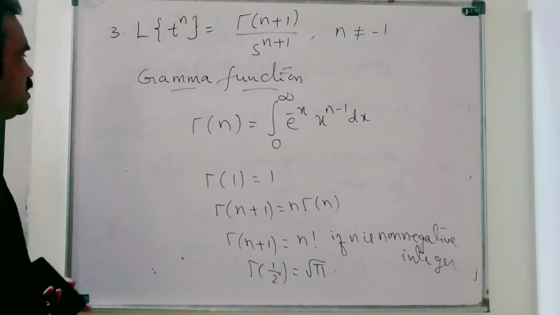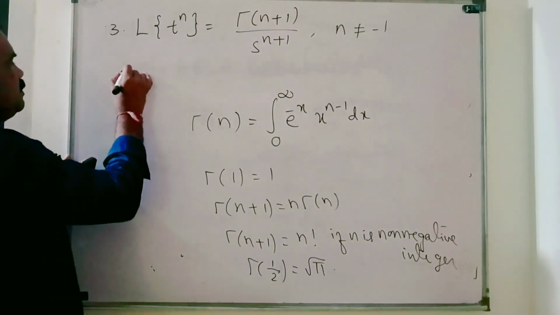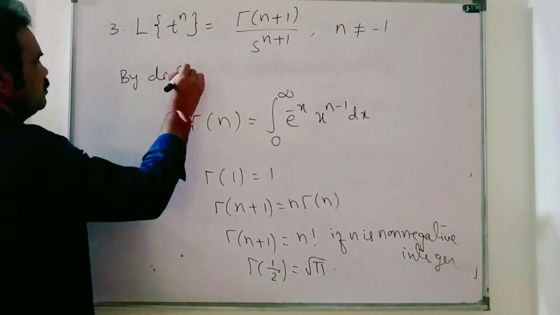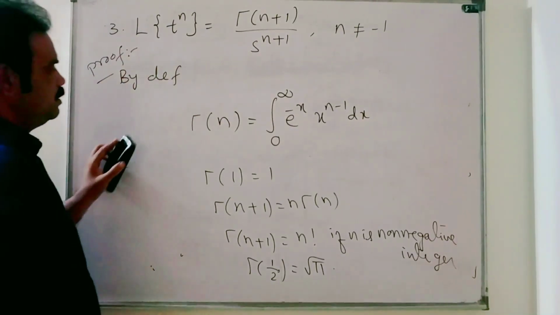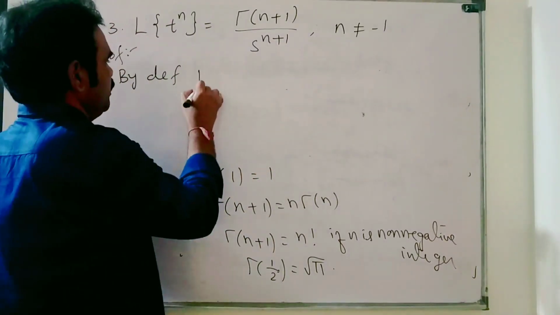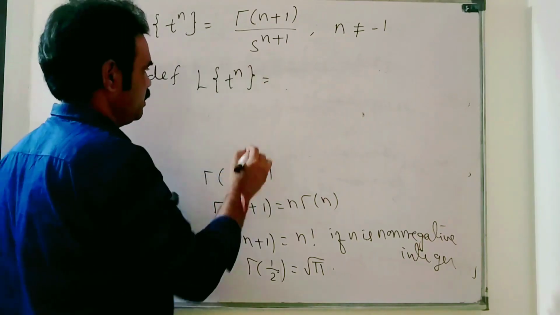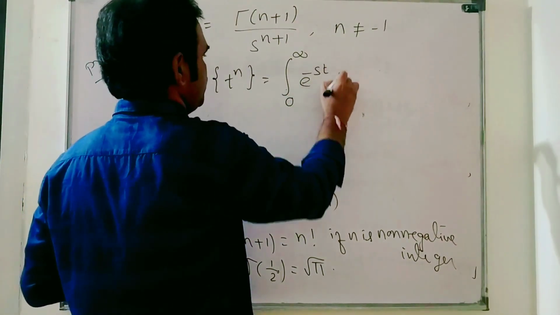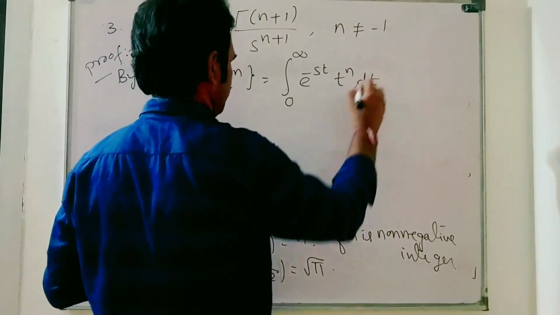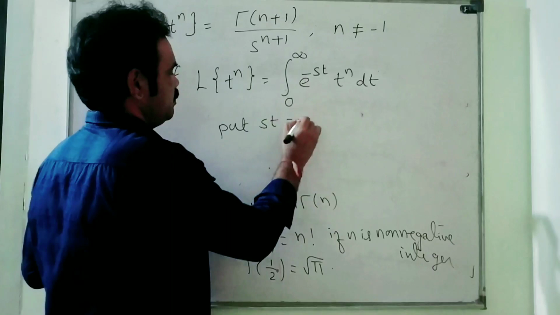We can easily prove this now. By definition, L of t power n, by the definition of Laplace transform, is integral 0 to infinity e power minus st into t power n dt. Put st equal to x.